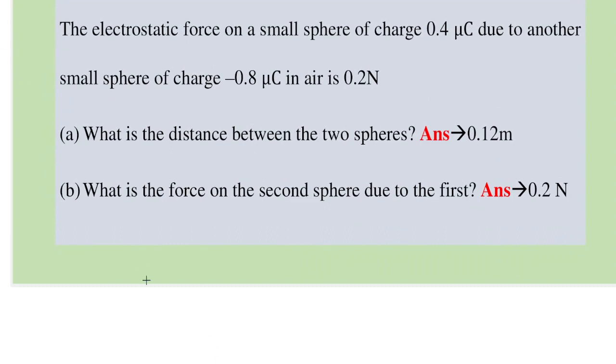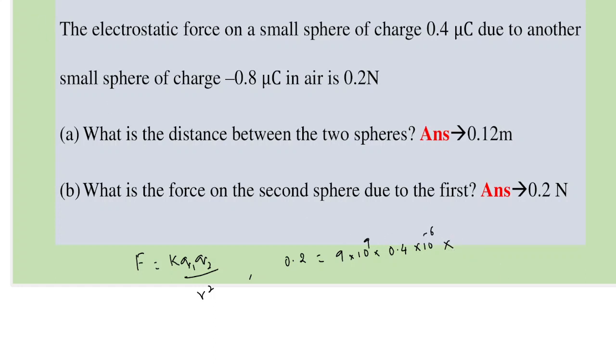The question says the force between them, kept in air, is given as K Q1 Q2 by R square. In this case the force is given, so we know that force is 0.2. So 0.2 is equal to 9 into 10 power 9 into Q1, which is 0.4 into 10 power minus 6, and Q2.